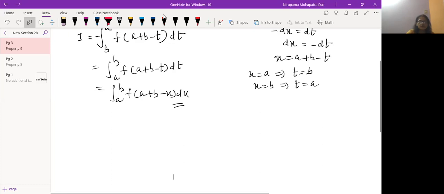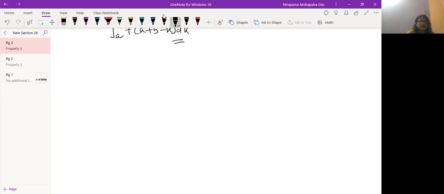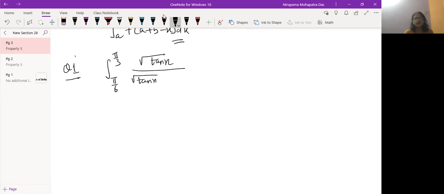Let me take one or two questions from this property. Question number 1: the integral from pi by 6 to pi by 3 of root tan x divided by root tan x plus root cot x.